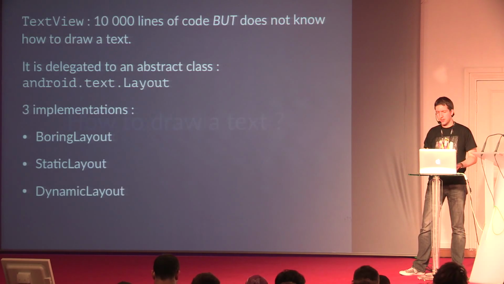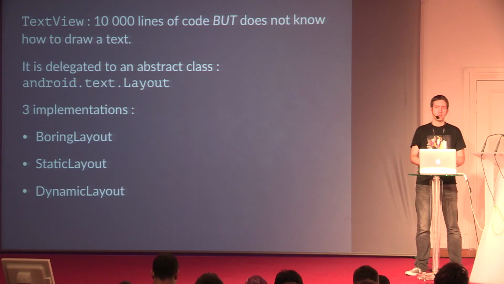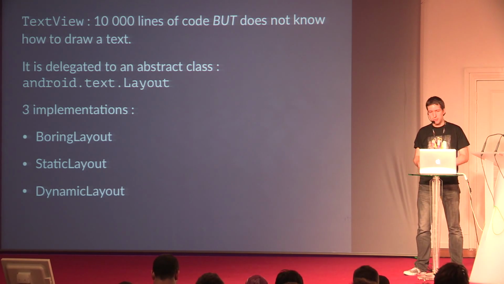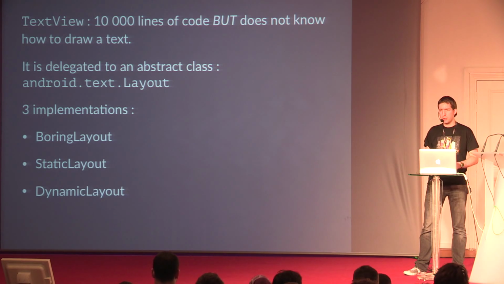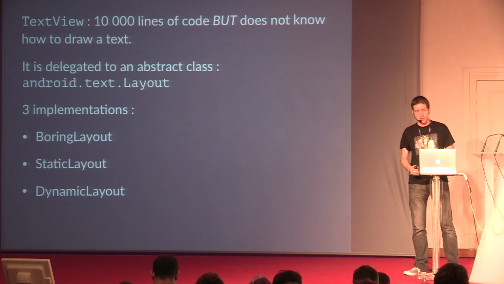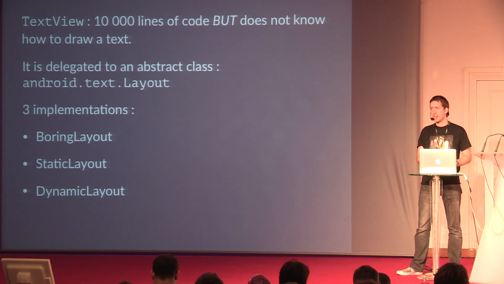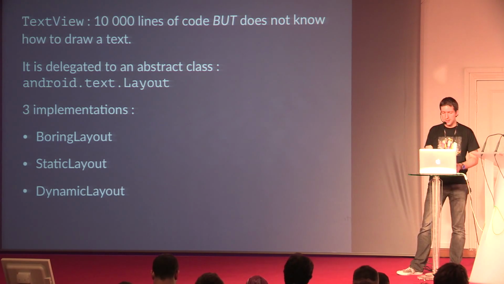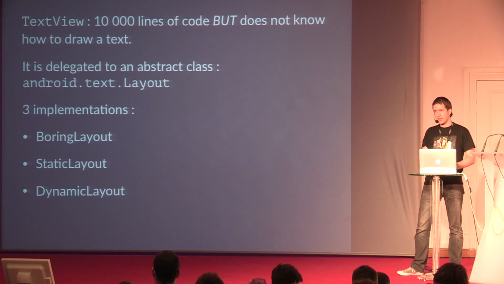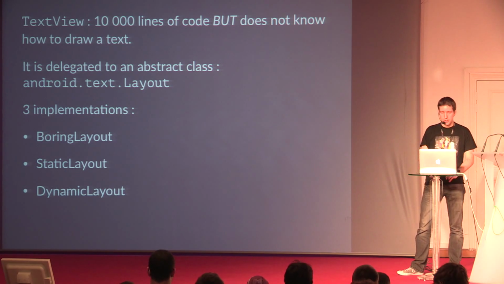And in fact, if you look at TextView, it is a monster of a class. It's 10,000 lines, but it does not know anything about how to draw a text. It's entirely delegated to a child class, android.text.Layout.